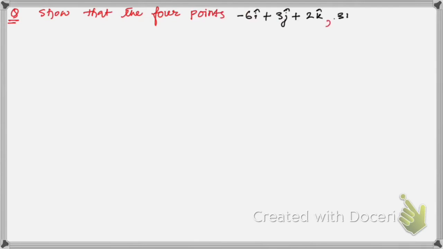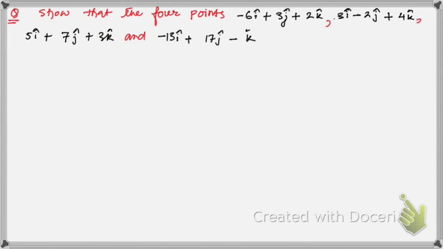So let us show another question. Show that the 4 points, whose position vectors are given, are coplanar. Sorry, coplanar, not collinear.